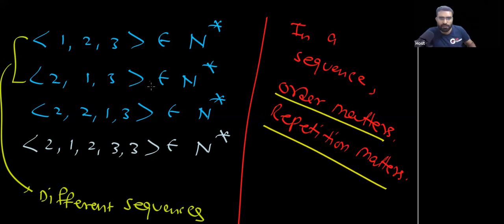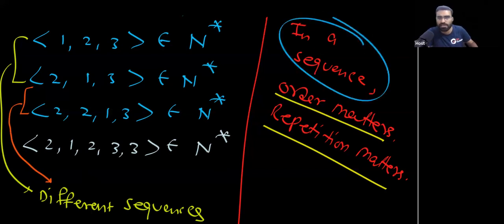For example, if you look at these two sequences, they are also different sequences, because in a sequence, order matters, and repetition also matters. So this is a sequence that belongs to N star.